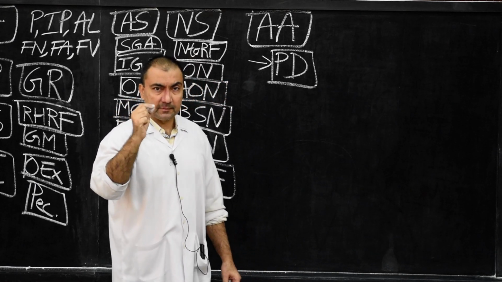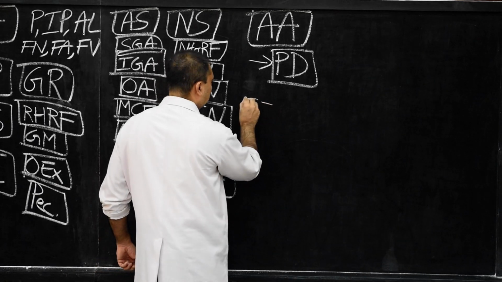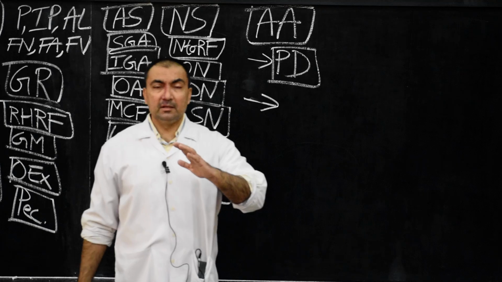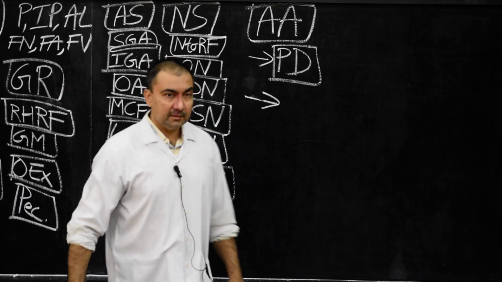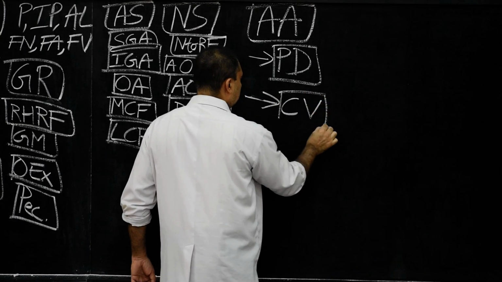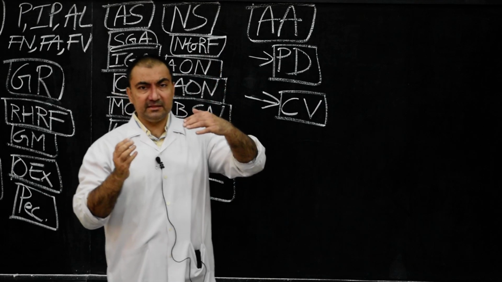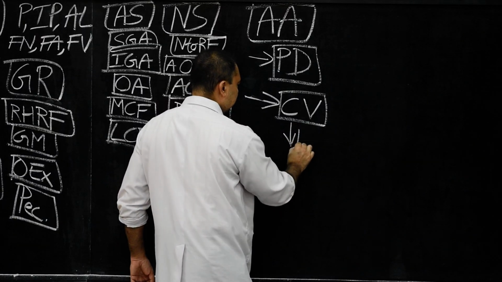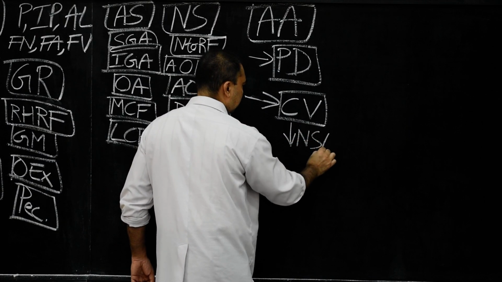Perthes disease is over. Now the second important point in applied anatomy will be coxa vara. So please write down coxa vara. In coxa vara, the neck shaft angle is decreased. That is important. What is coxa vara? It is the decreased neck shaft angle.